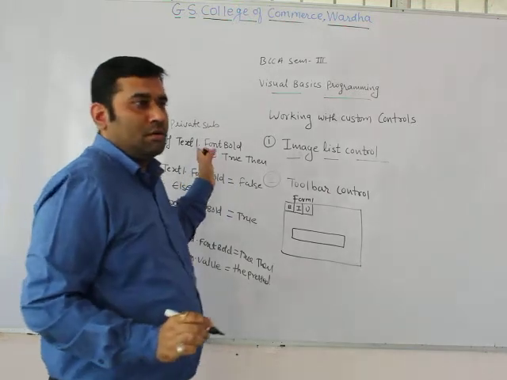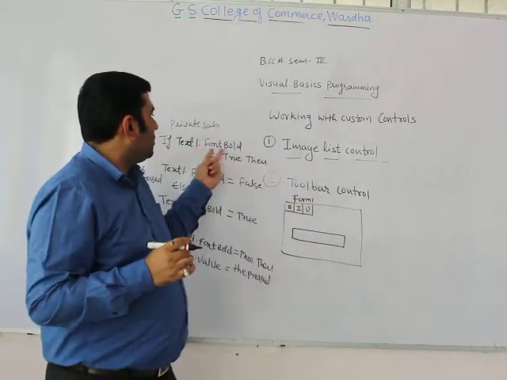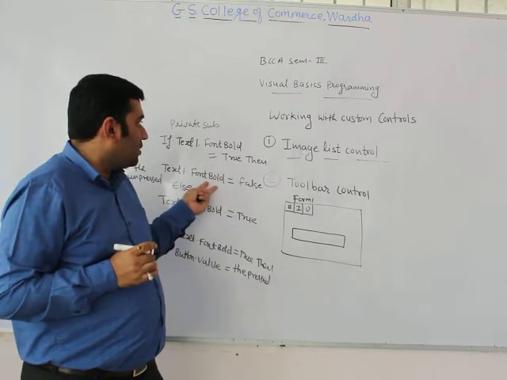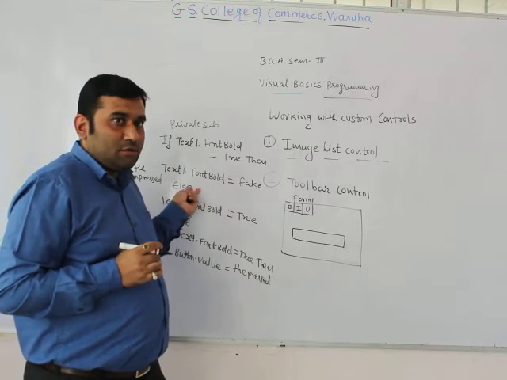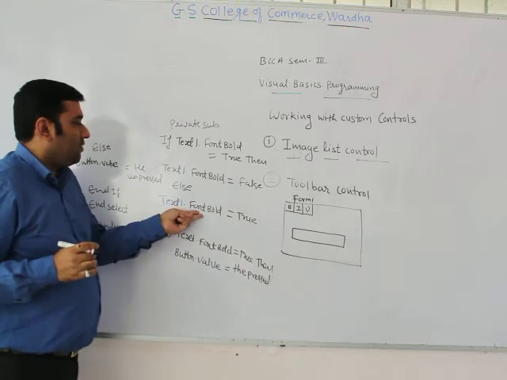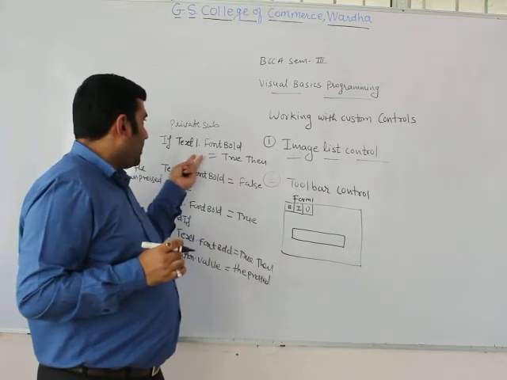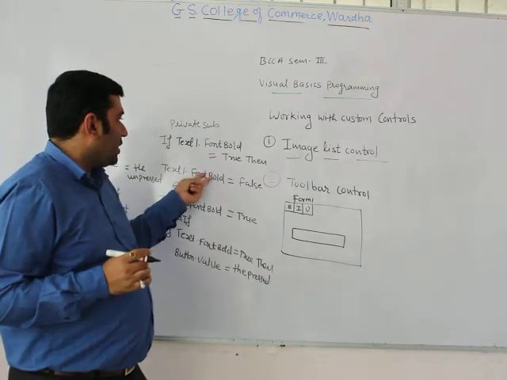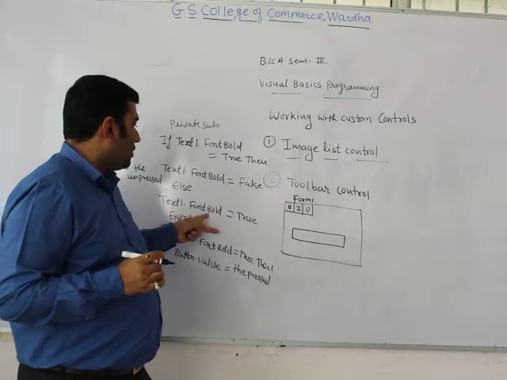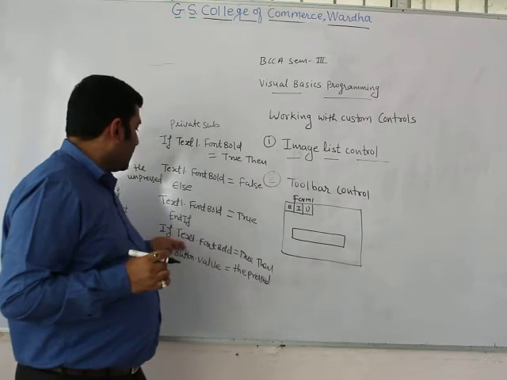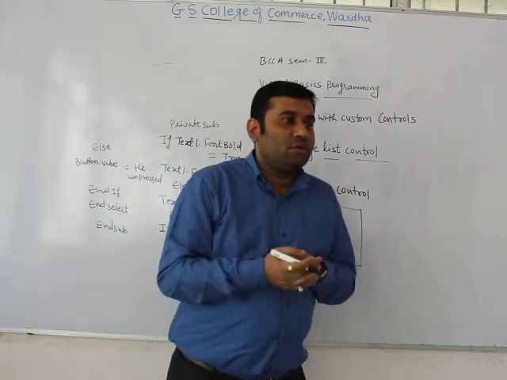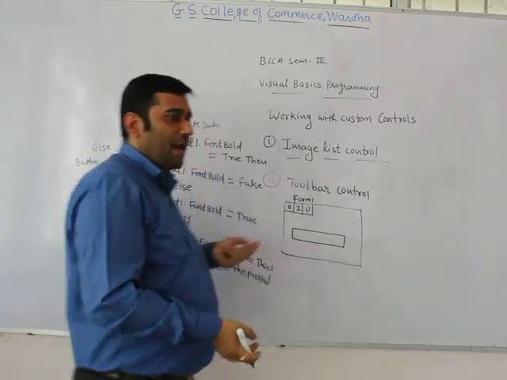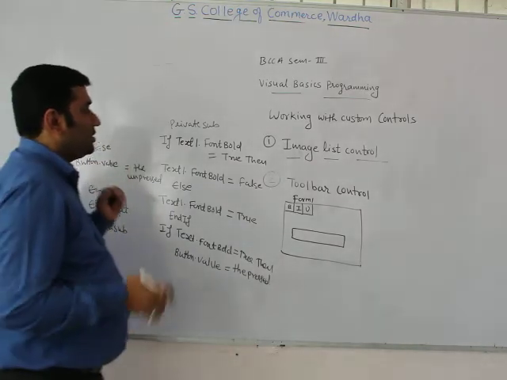If Text1.Font.Bold is true, then Text1.Font.Bold becomes false, otherwise it goes to the else part and Text1.Font.Bold becomes true. If Text1.Font.Bold is true, then the button value is pressed, and otherwise the button value is unpressed.